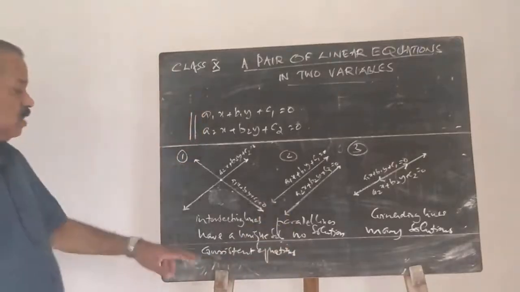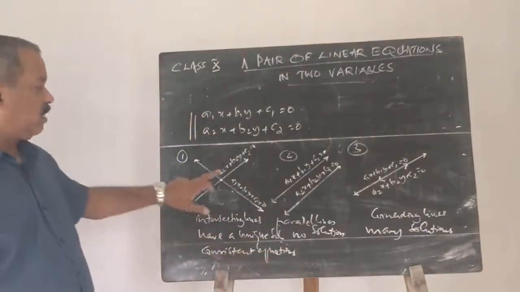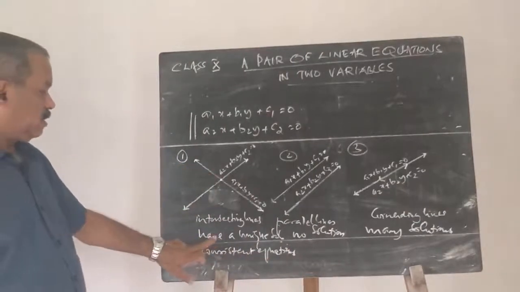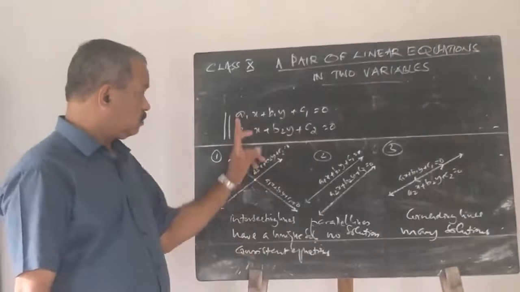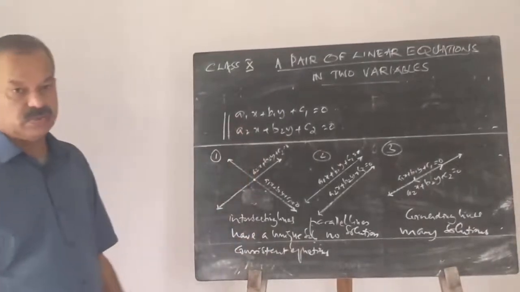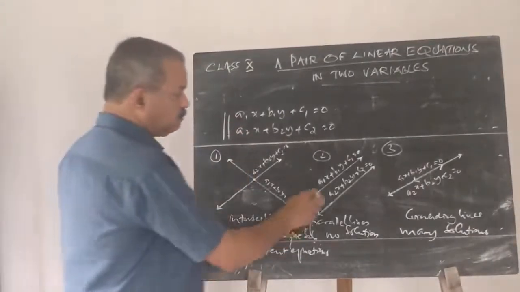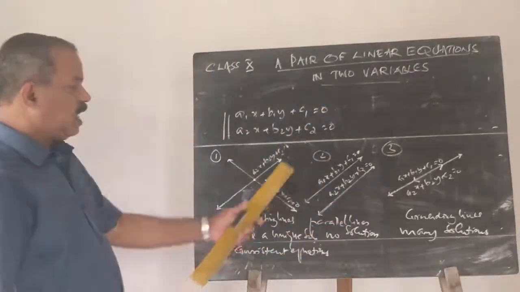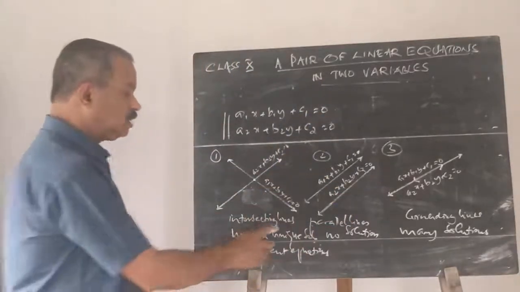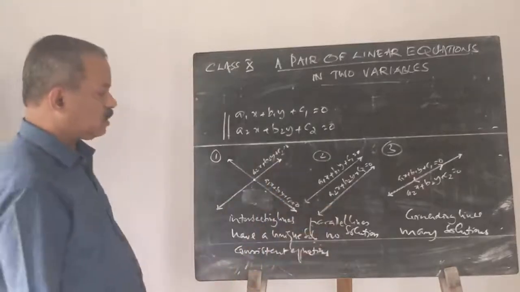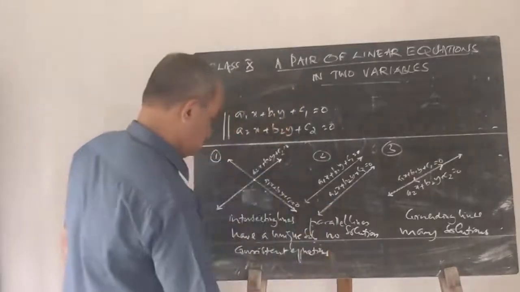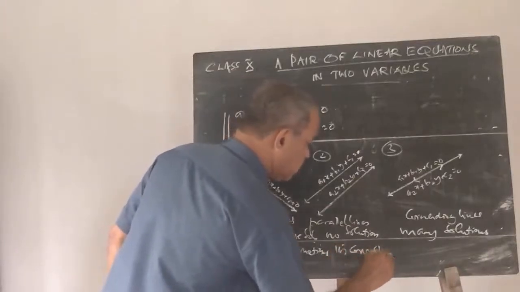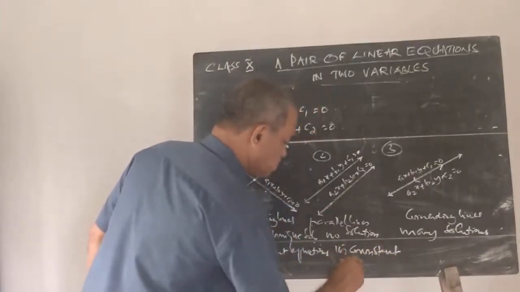So, for consistent equations, we have intersecting lines as the graph and a unique solution. And if the lines are parallel for any pair of linear equations, then there is no solution. Such equations are called inconsistent equations.